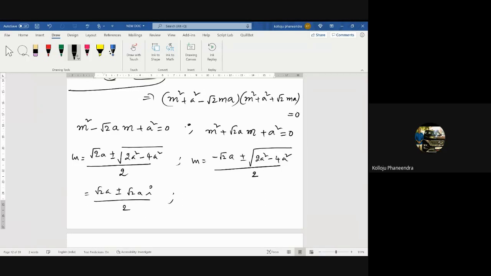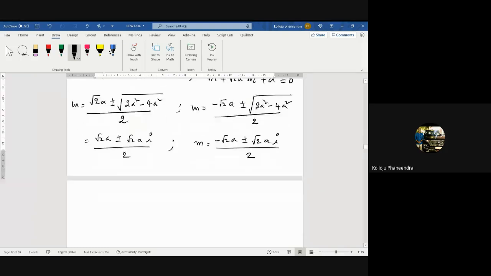Here what you will get, m equals minus root 2a plus or minus root minus 2a square, that means root 2ai, divided by 2. So finally, what are the roots?